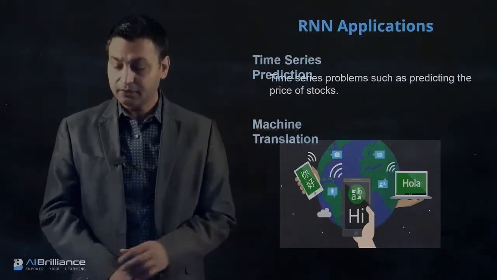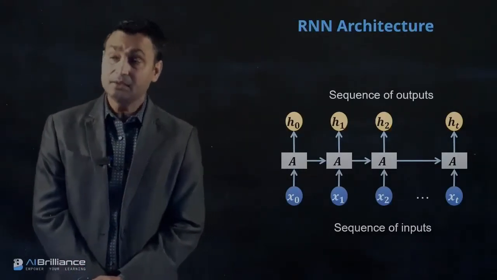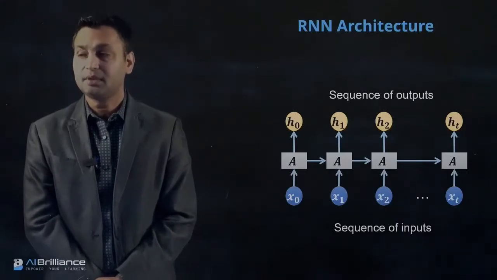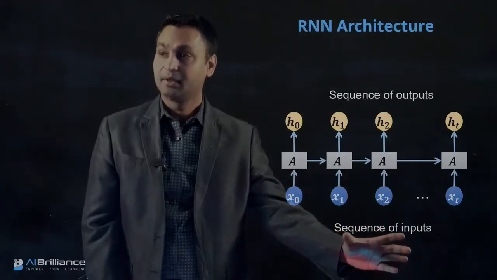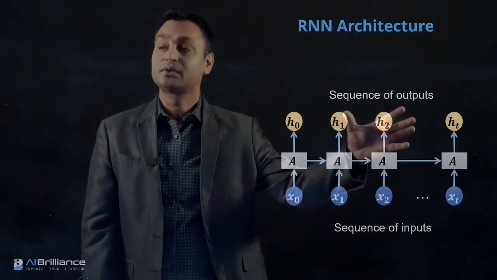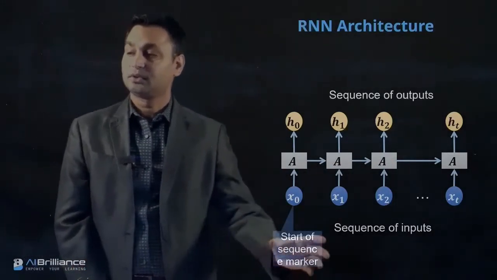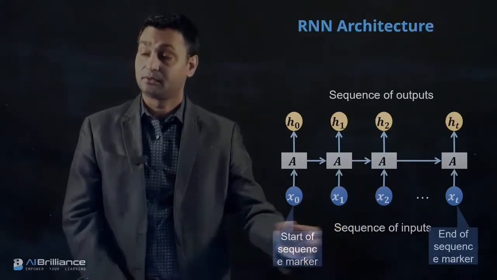So taking all of this, what we can describe in general as the basic component of the RNN architecture is that an RNN architecture will take a sequence of inputs, and then it will give you a sequence of outputs. It begins with a sequence marker, and then it ends with a sequence marker.